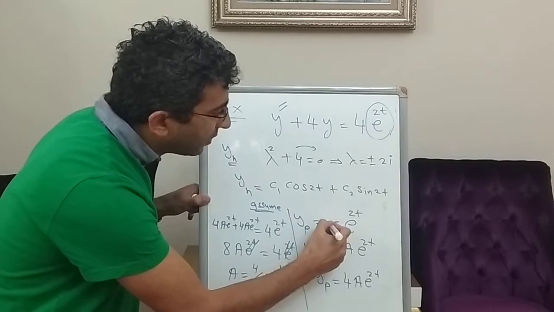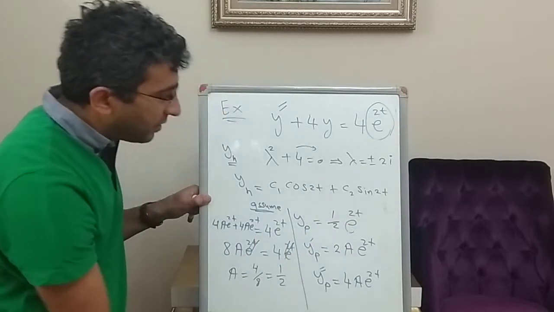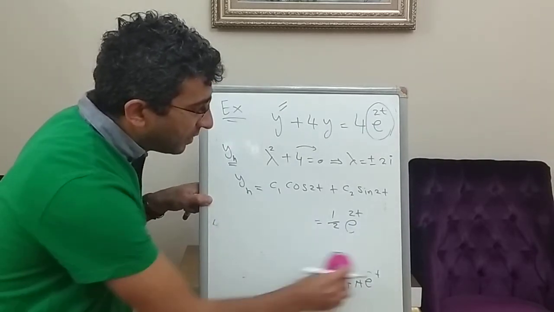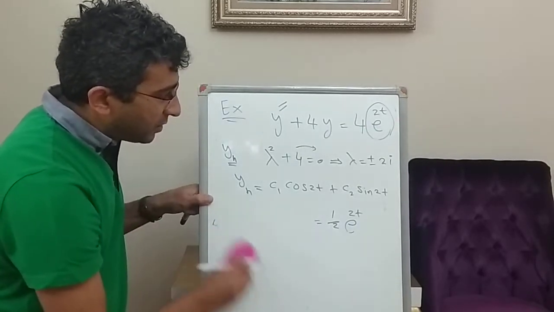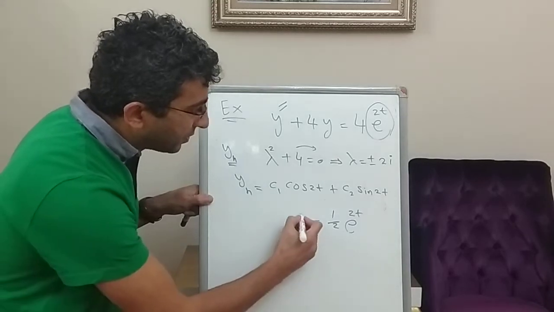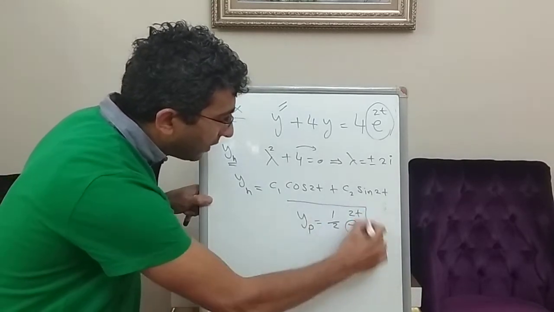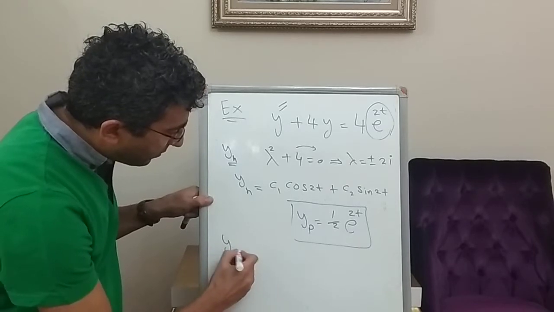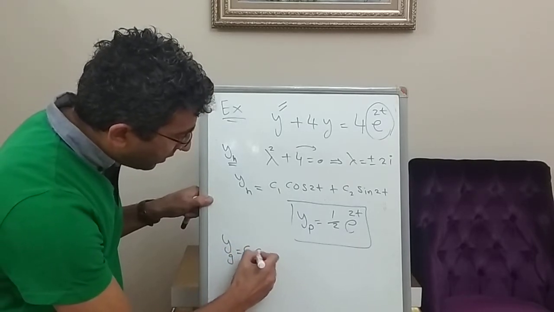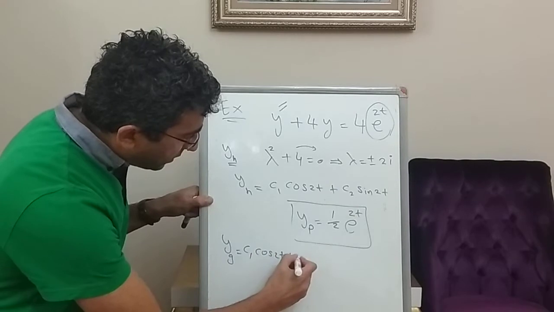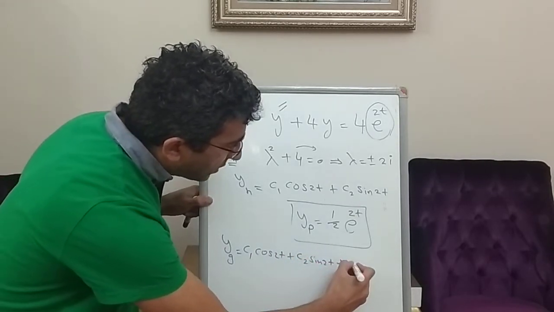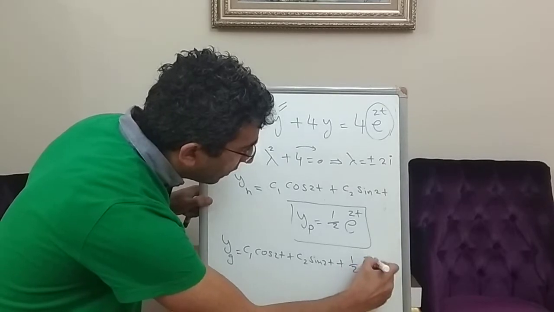So now I know this, I find the solution. Okay, so I find this is y particular. So the general solution is y equals c1 cosine 2t plus c2 sine 2t plus half e to the 2t.